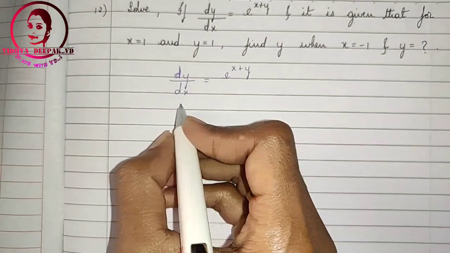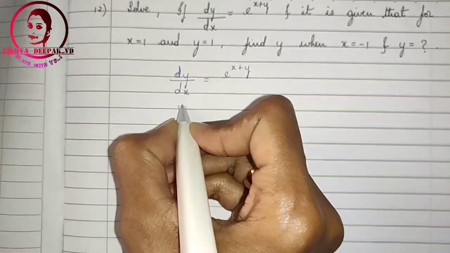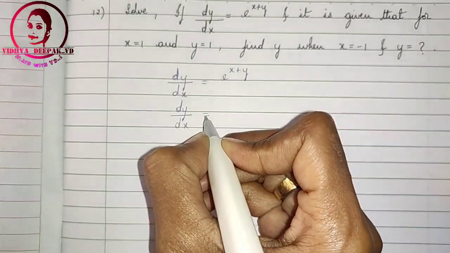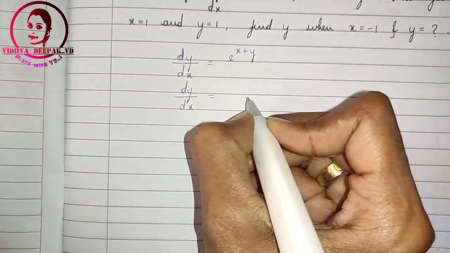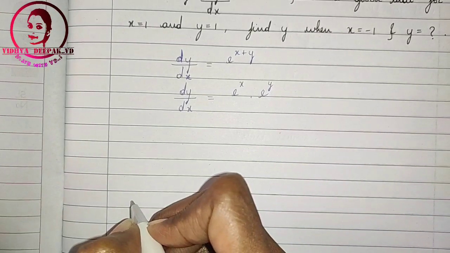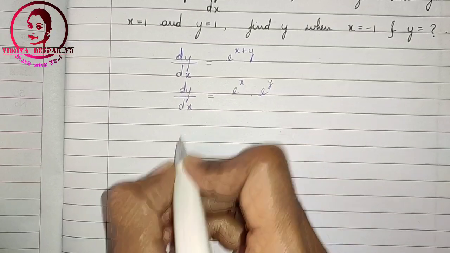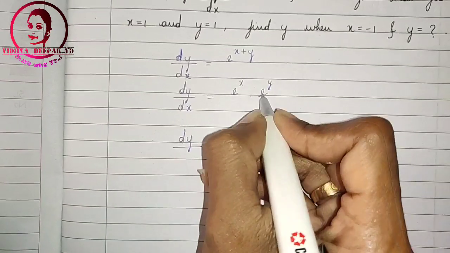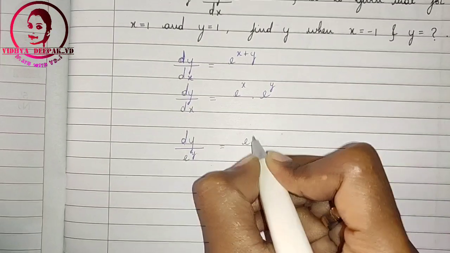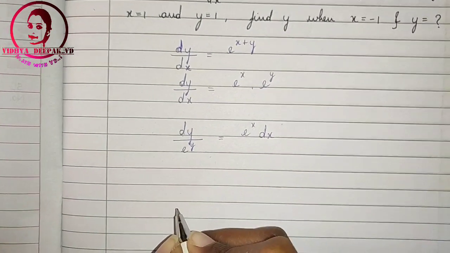Now, how do we separate this? dy by dx is equal to e to the power of x into e to the power of y, right? So now we bring the y terms together: dy by e to the power of y is equal to e to the power of x into dx, right?